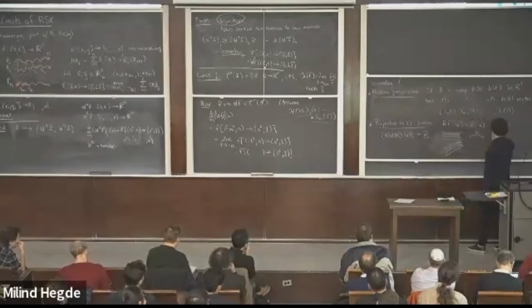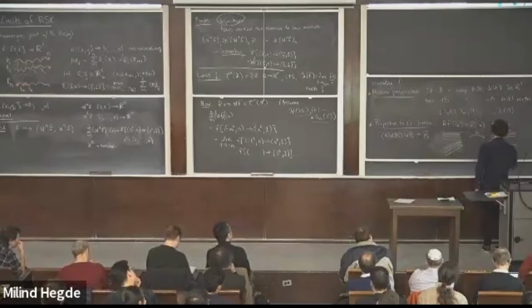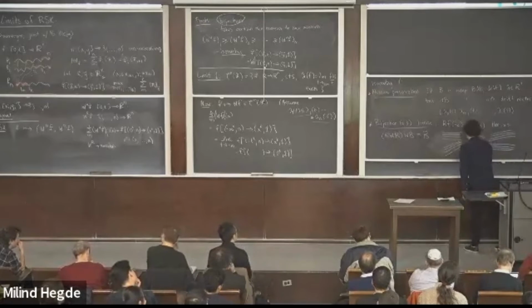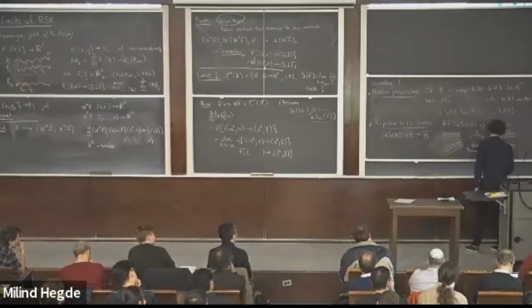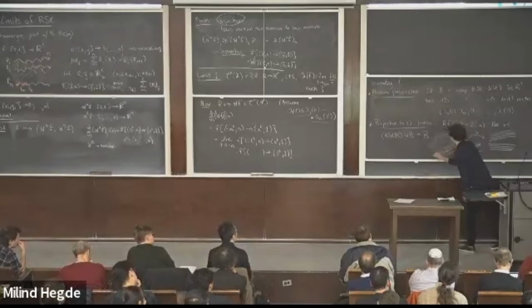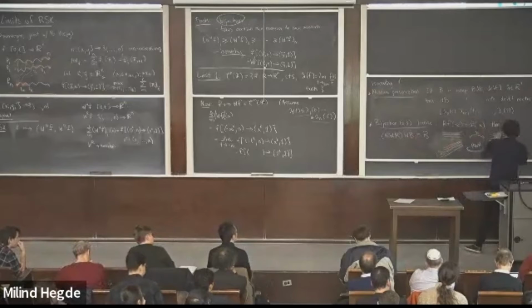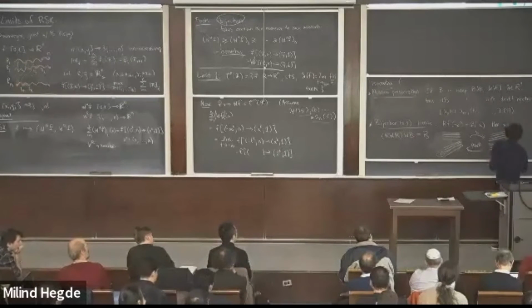In my image, I have 4 with drift 1 sitting above 4 with drift 0, and to go from this side to this side, I do last passage from negative infinity. To go back, I take this, reverse it, do last passage, and reverse back. In other words, I just start at plus infinity and do last passage going on.